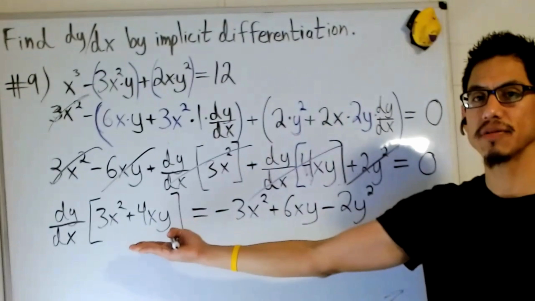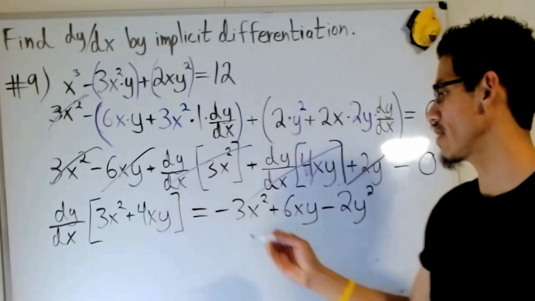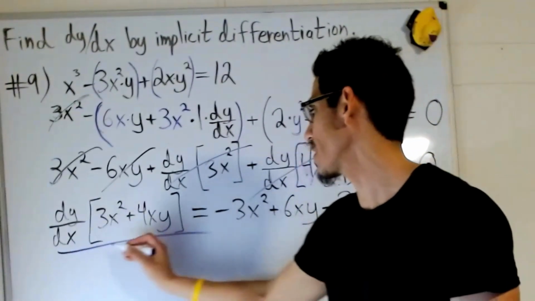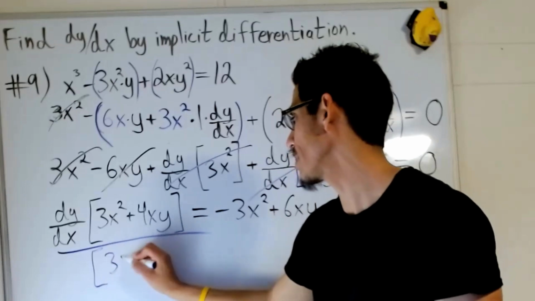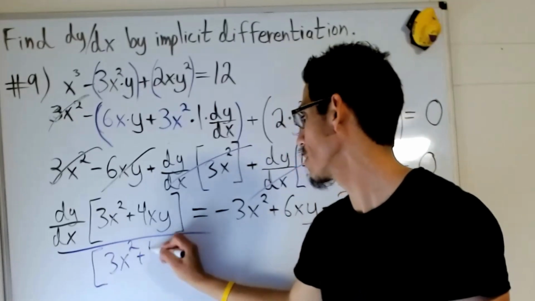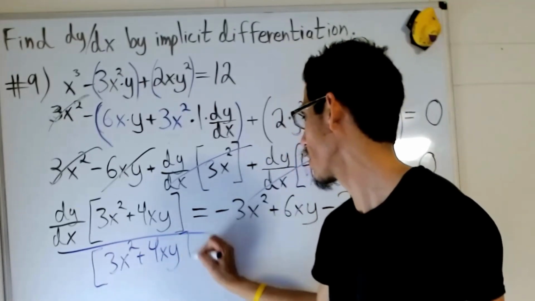And here's our equation. And then all we do now is divide each side by this group, 3x squared plus 4xy.